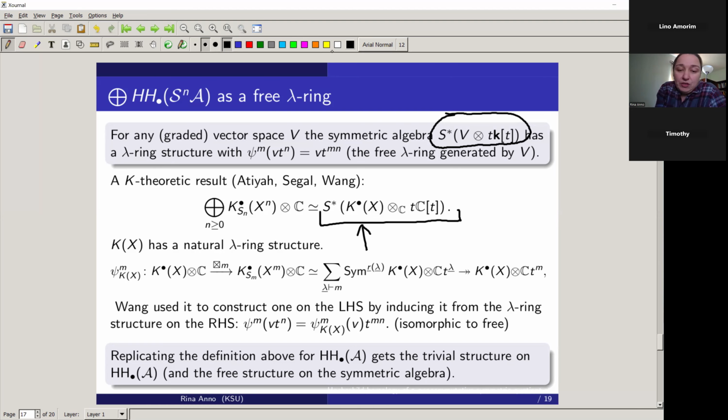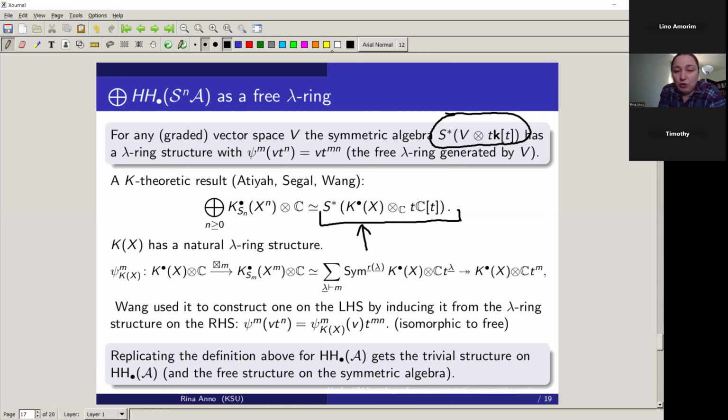Yeah, but interestingly enough, if we try to pretend that our HH of A, so if we try to replicate the process, the way we get Adams operations on the K-theory using our morphisms, we get the free structure.